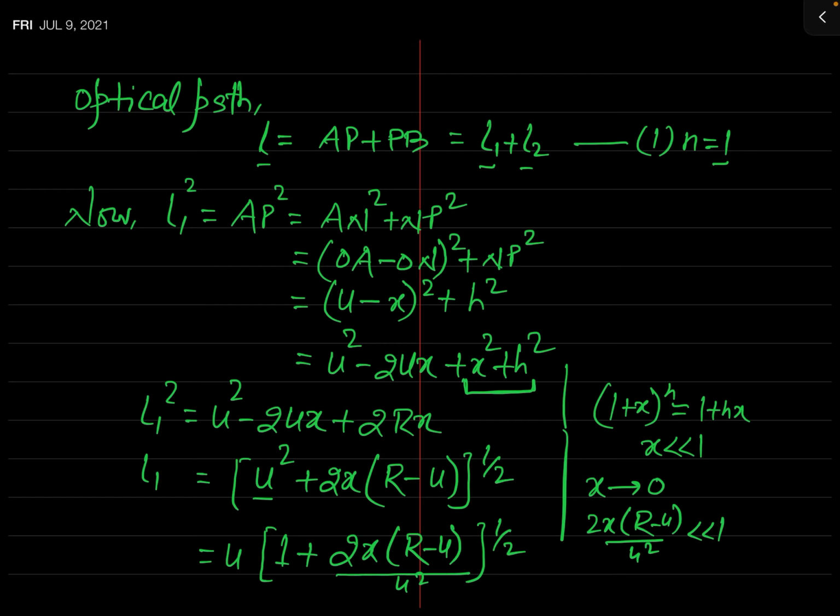So here this condition that x is much smaller than 1 is holding, because you can see in case of paraxial ray 2x into r minus u over u square is much smaller than 1. So we will use the condition of first approximation. So using the first approximation of binomial expansion, you can write what will be the value of L1.